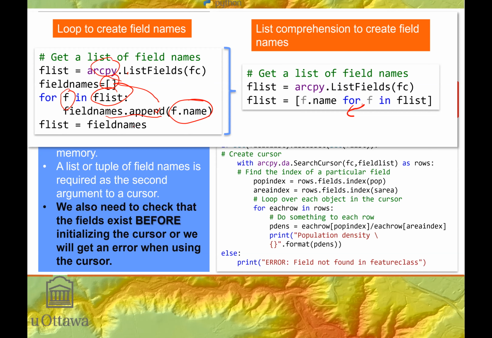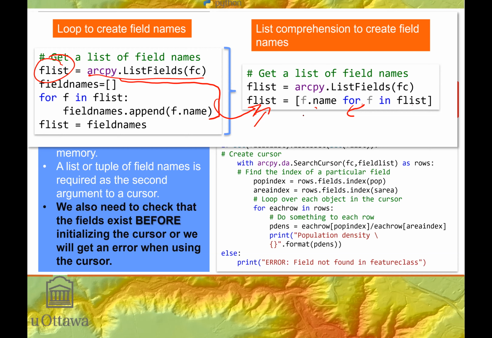Now, in the code here, the way I did it instead is just with this one line. So I took all that and put it into one line right here, which says in square brackets of a list, f.name for f in flist. Flist here being just the list of fields. And this is called list comprehension right there.